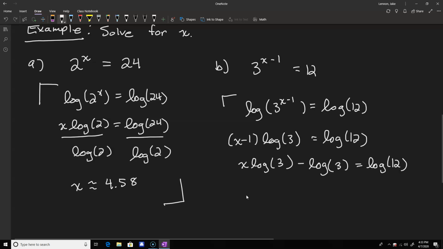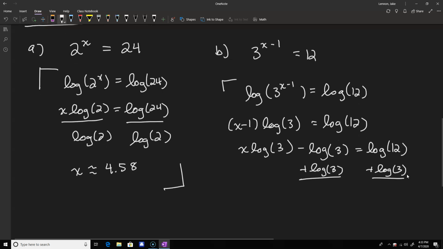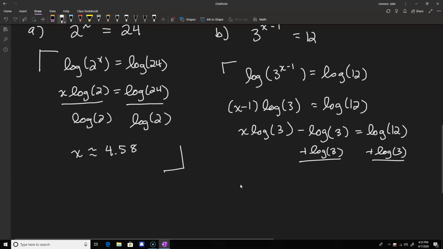So what we want to do is solve first for x log 3. So since you're subtracting log of 3, we want to add log 3 to both sides. So we have x log 3 equals the log of 12 plus the log of 3.